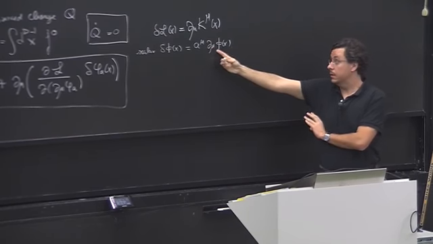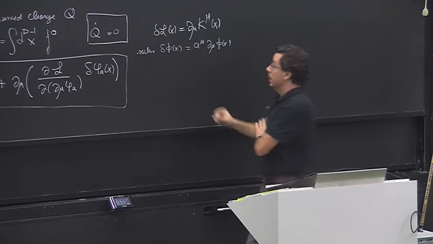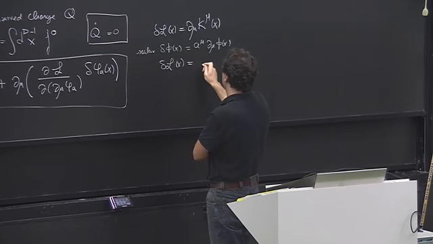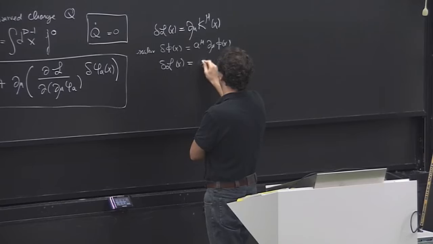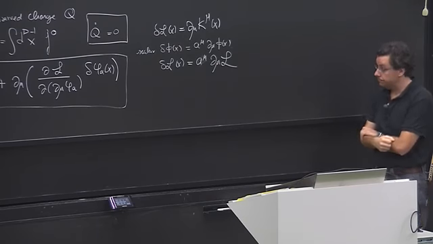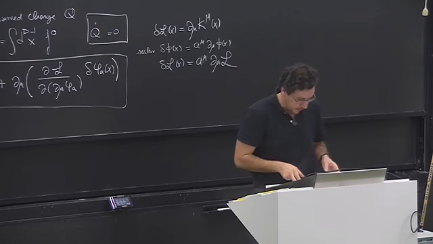Just shift the argument by a. And since the Lagrangian is a scalar under a translation, you get precisely the derivative of the Lagrangian. Okay? Good.